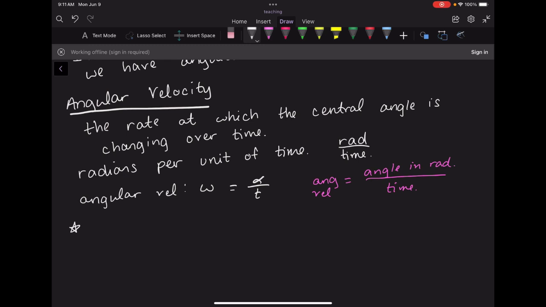If I go around a circle one whole time, starting here and going all the way around, or even if I go the opposite way, either way, I'm going to travel the same amount of radians. So one revolution is equal to 2 pi radians. That's because we're going around the whole circle, and a whole circle has 2 pi radians.